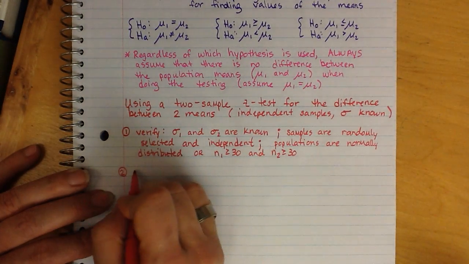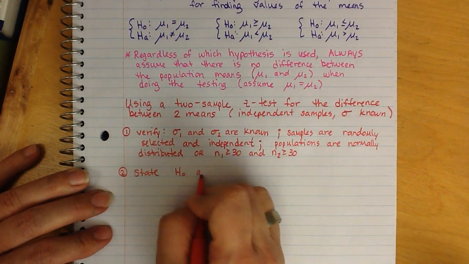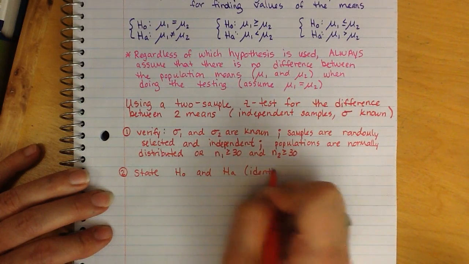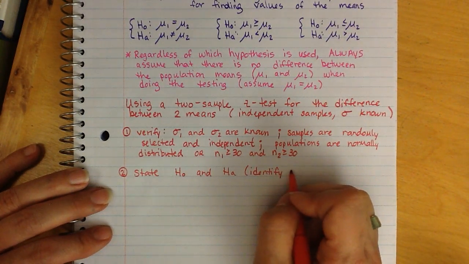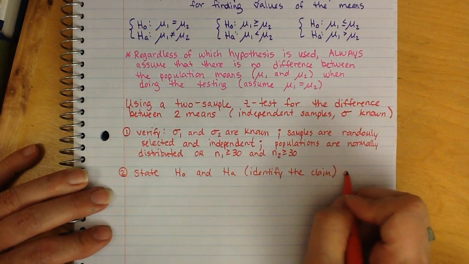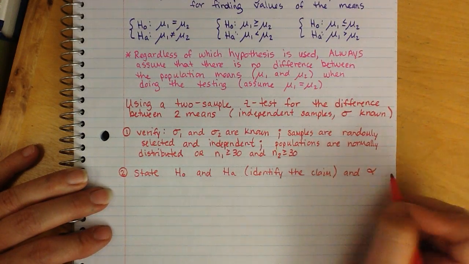Step 2 is going to be to state H sub 0 and H sub A, identify which one is the claim, and determine your level of significance, alpha.